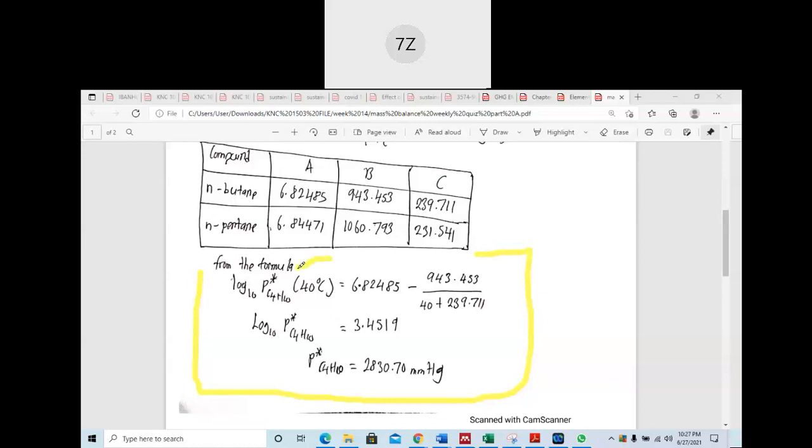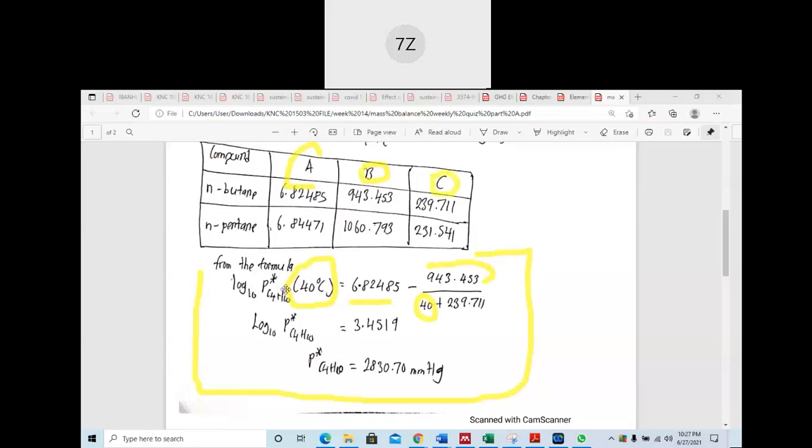So this is our temperature, 40 degrees Celsius. From here is the A. Here is the B. Here is the temperature, plus the C value.